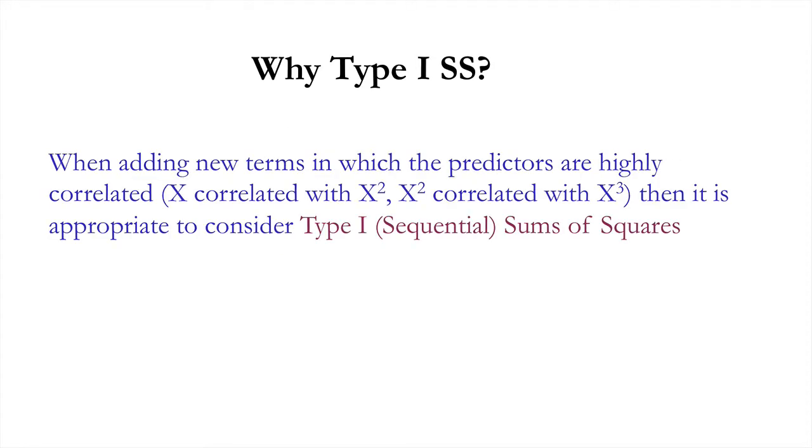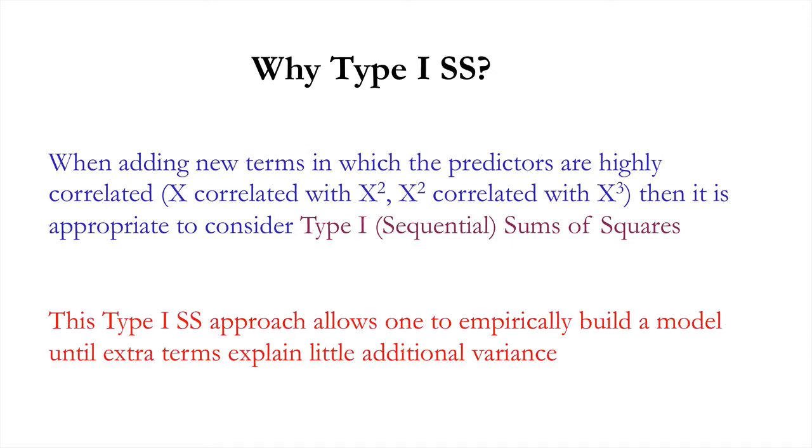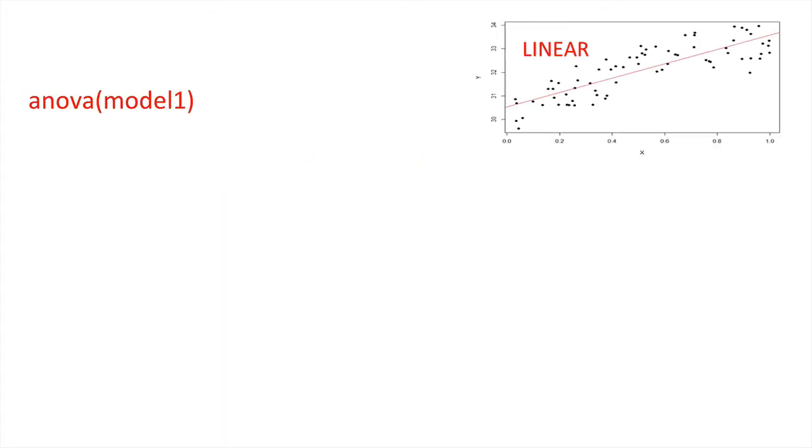When adding new terms in which the predictors are highly correlated, it's appropriate to consider type 1 sequential sums of squares, because through that collinearity they might otherwise mask one another's effects. With the type 1 sum of squares, it allows us to empirically build a model until extra terms explain little additional variance in our response variable y. So let's see how that works.